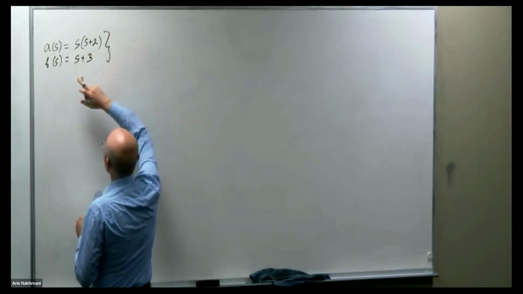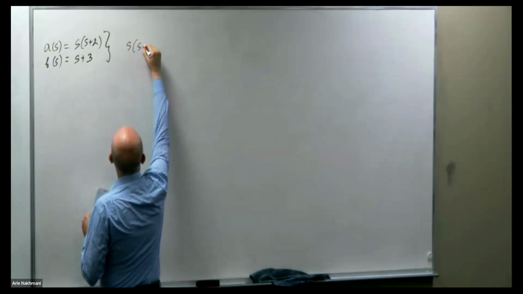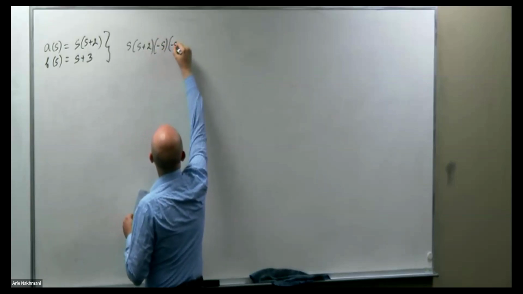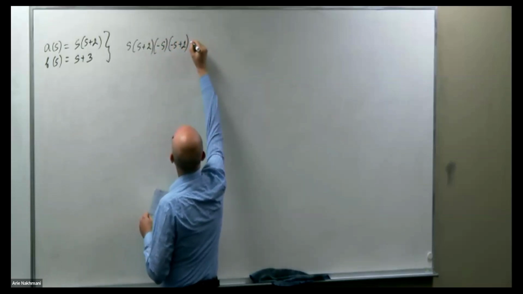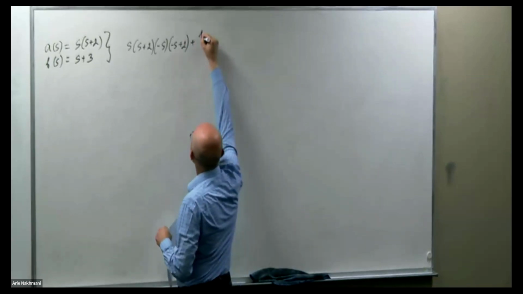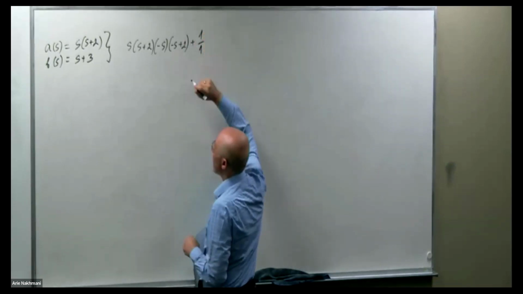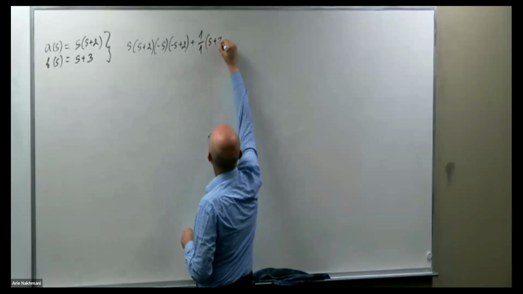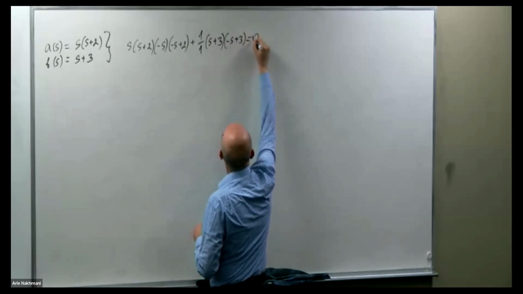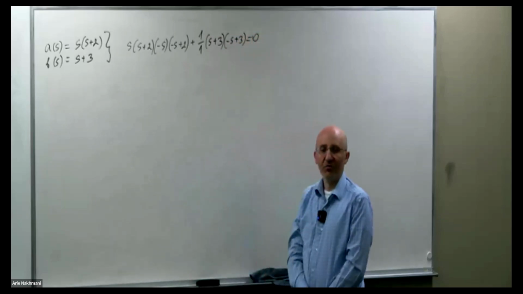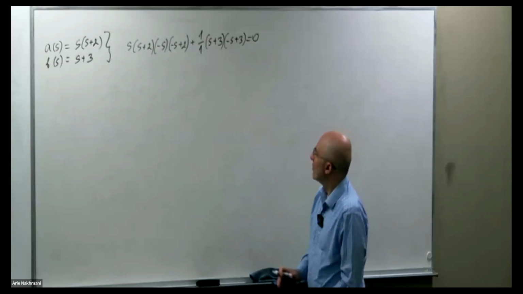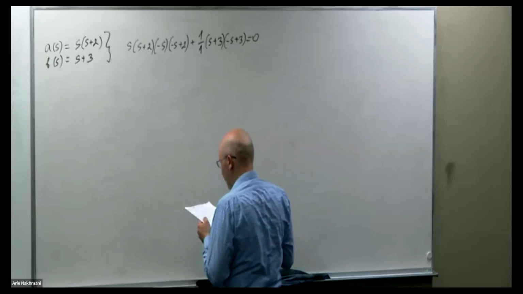From here, A of s will be s plus 2 times minus s plus 2, plus 1 divided by rho, but rho is 1. It's 1 divided by 1 if you want, times B, which is s plus 3 times minus s plus 3. So this equation is fourth order. Right? Now we need to actually compute it and see what happens.